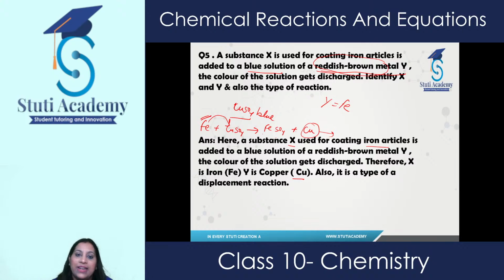And because it displaces copper from its salt solution, that's why it's known as displacement reaction. Because it removes copper from its place and takes up its place and becomes iron sulfate. I hope this question is clear to you.